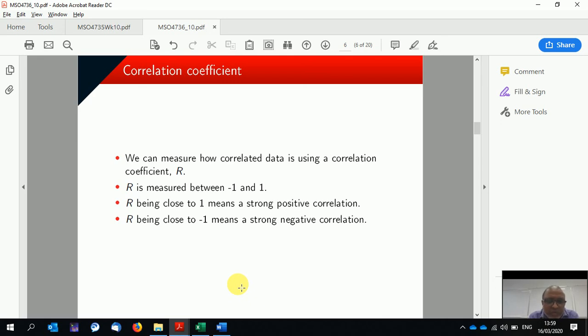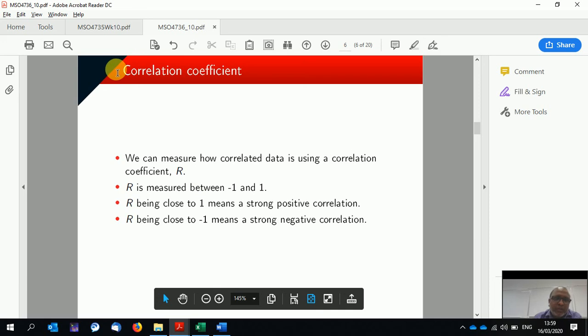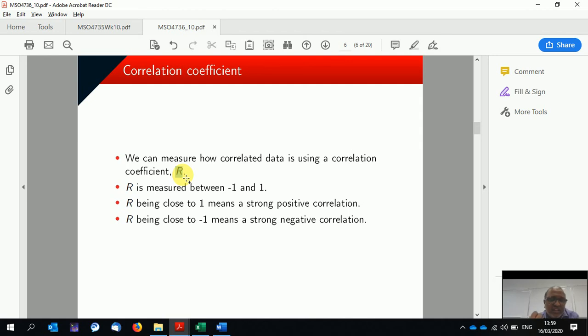If I were to use the proper terms, I want to find the coefficient of correlation. This is how it's called. It's here, correlation coefficient, and the notation here is R, and this is what we want to find, and it will just give me an indication of how strong the relationship is between the two variables.